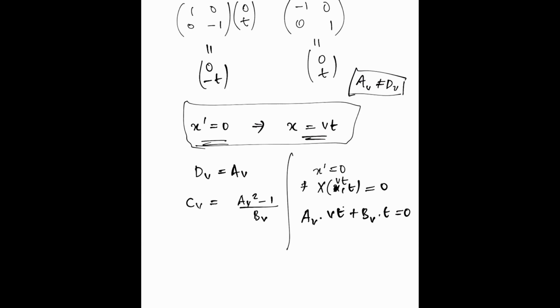So I can cancel out the time factor, because for non-zero time also this is true. So BV equal to minus AV, so times V. Sorry. So this is something additional that I have. So right now, my matrix x dash t dash as a function of xt actually looks very simple now. I mean, substantially simpler, because it's all a function of just one variable.